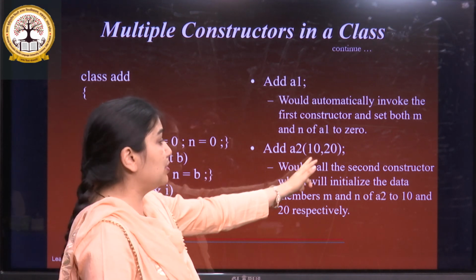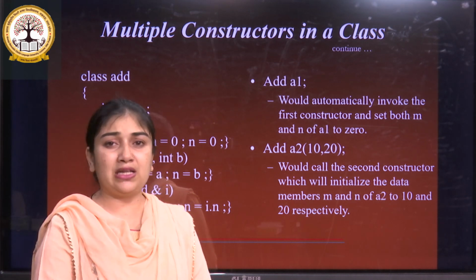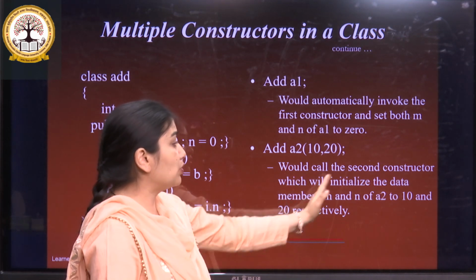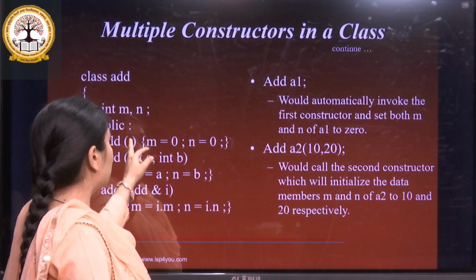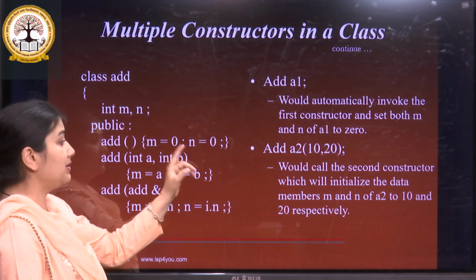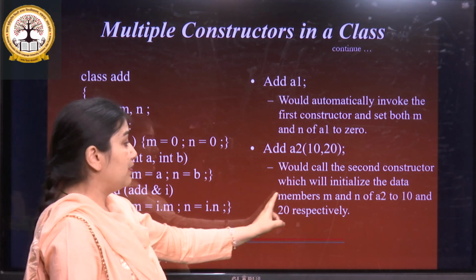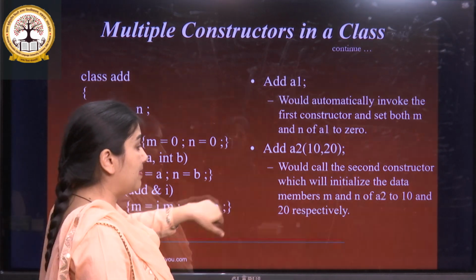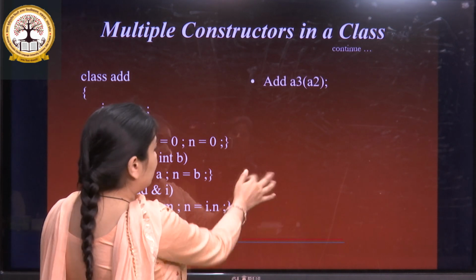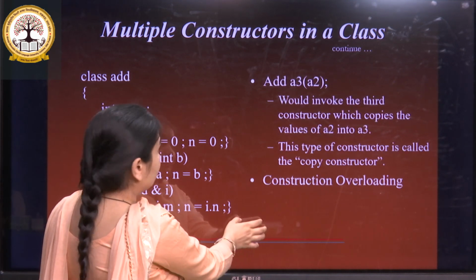In add A2, we are passing two values, 10 and 20. It would call the second constructor, the one with int a and int b. Here a will take the value 10 and b will take the value 20, which initializes the data members m and n of A2 to 10 and 20 respectively.